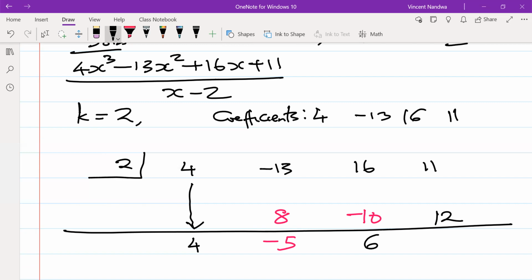No, it's 16 minus 10. We are not subtracting, we are adding. It is k times the number in the third row. The answer you get, you put it on the second row and then add the number above it to get the new number.